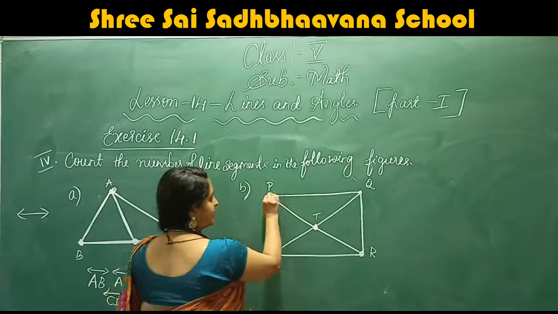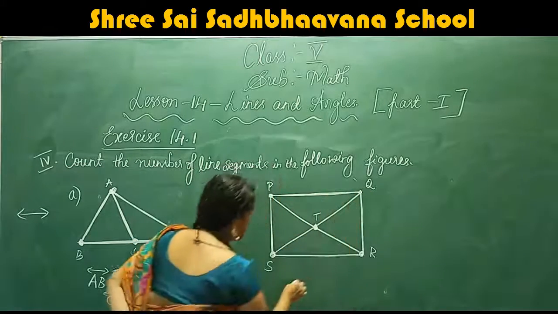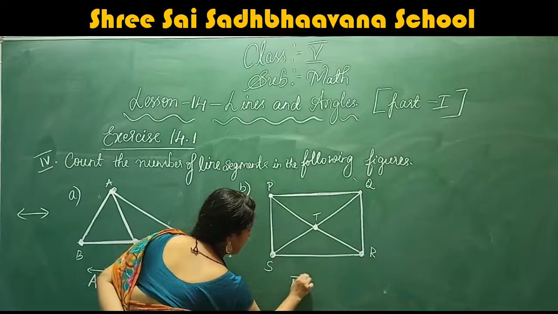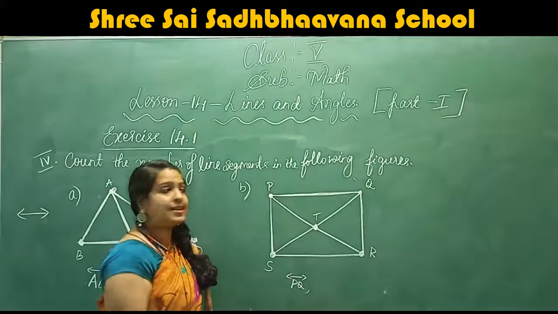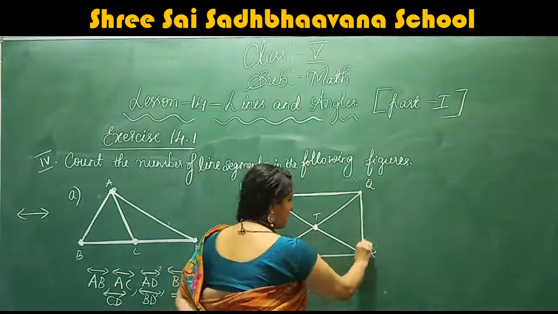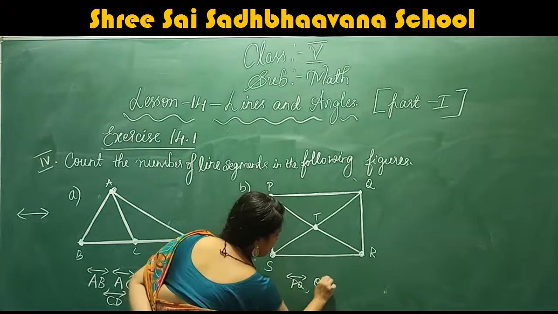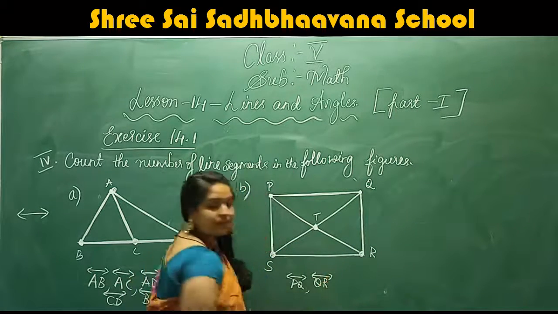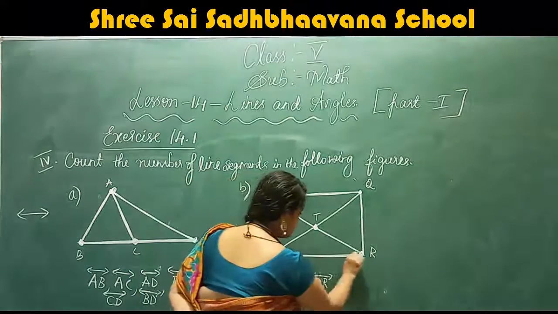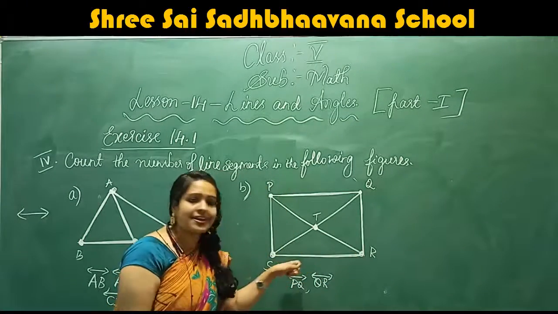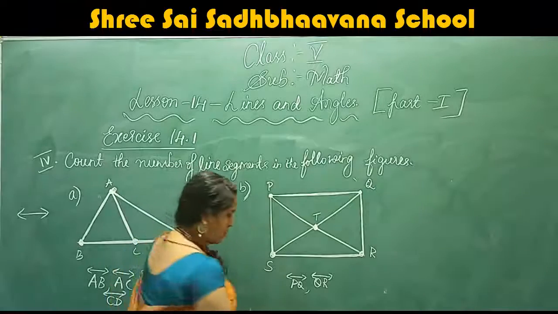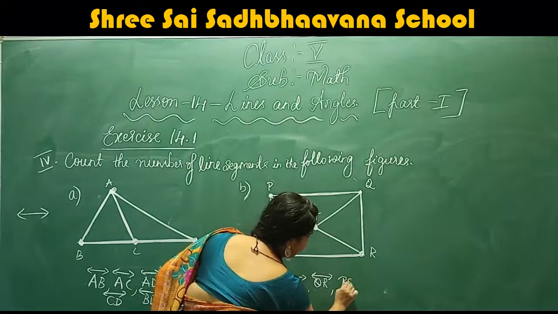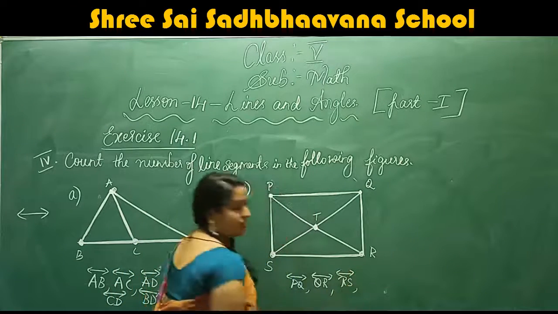Again, see here. This is the one line segment PQ. Line segment PQ. Okay. Then line segment QR. Okay. Line segment RS, or else children you can write SR, both are the same. So line segment RS. Okay.